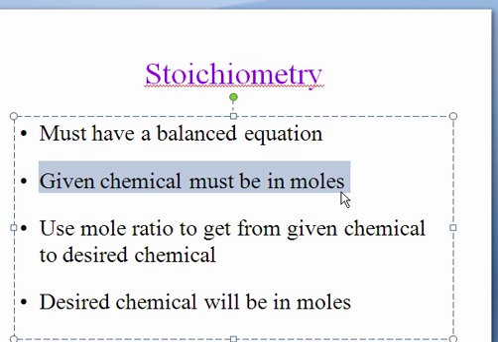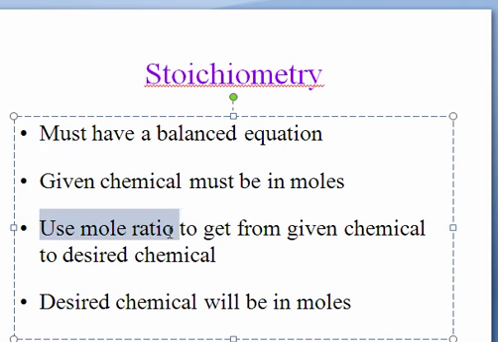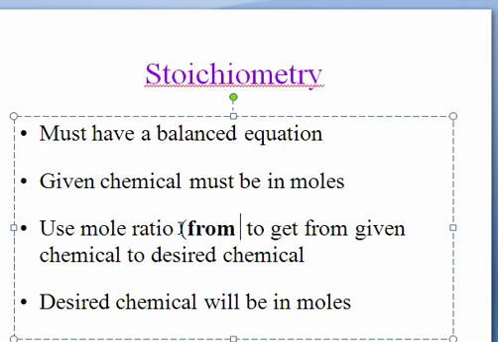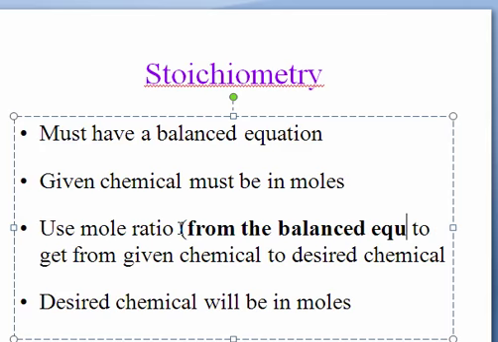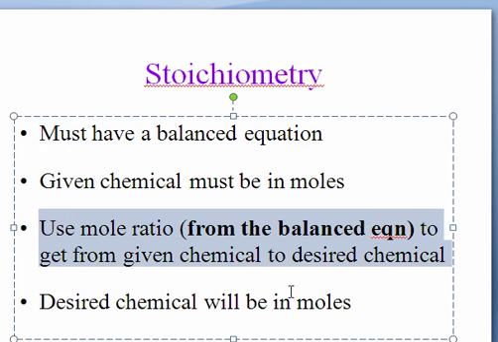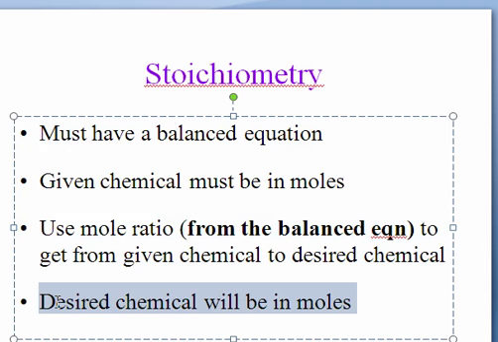But in our case, we already have it in moles. Then we're going to use the mole ratio from the balanced equation to get from the given chemical to the desired chemical. So this is the key. This is how we get from one chemical to a completely different chemical. We use our recipe or our balanced equation. And then our answer for the desired chemical will be in moles.